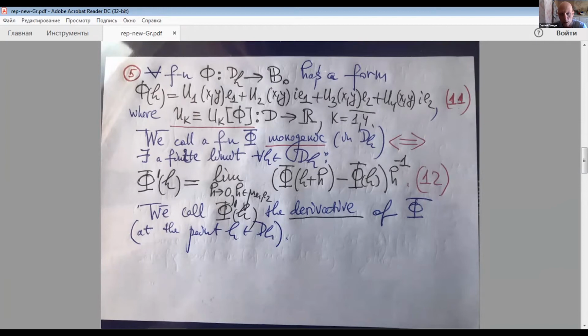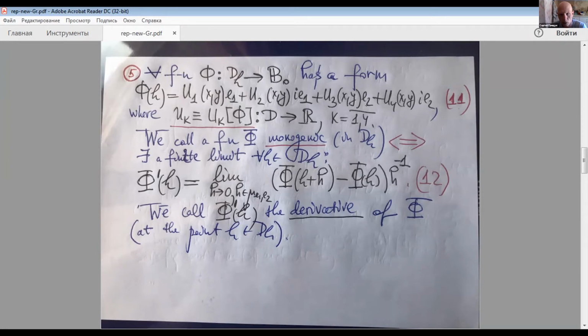So there is this expansion of the function f with respect to the basis e1, i1 e1, e2, and i1 e2, where i is the imaginary complex unit. And these are the components uk. We denote them by the operator uk of f. These are real components: the first real component, second, third, and the fourth.